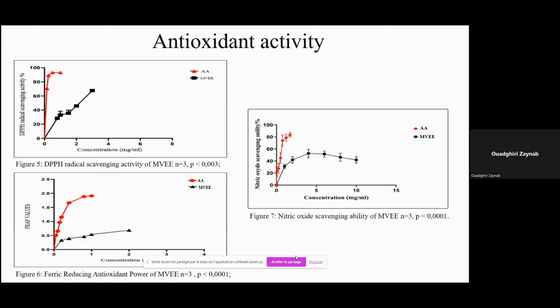The different antioxidant assays indicated a positive correlation with the overall phenolic and flavonoid content, with an IC50 of about 3 milligrams for each, the DPPH assay and nitric oxide scavenging ability. As for the ferric reducing antioxidant power, it showed an IC50 of about 900 micrograms.